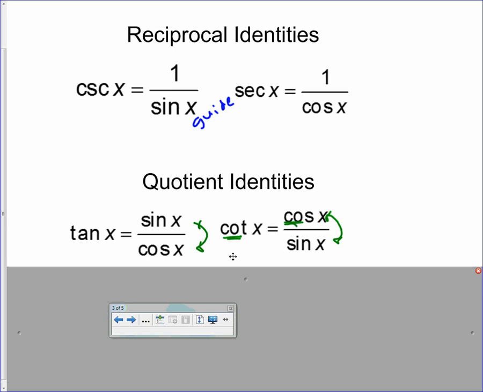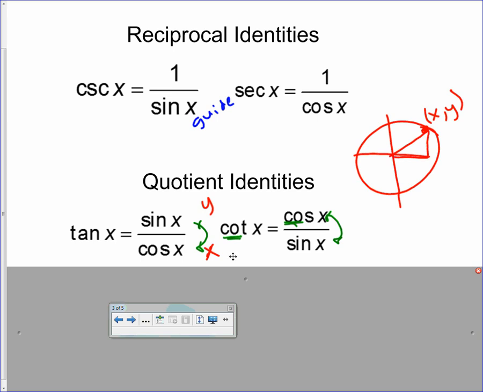The other way I might remember is thinking about my unit circle. I know that on my unit circle, sine are my y values, cosine are my x values. If I think about a point on the unit circle, that point has coordinates x, y. If I were to draw a right triangle where this angle right here is theta, this is x, this is y, and I wanted the tangent of theta.